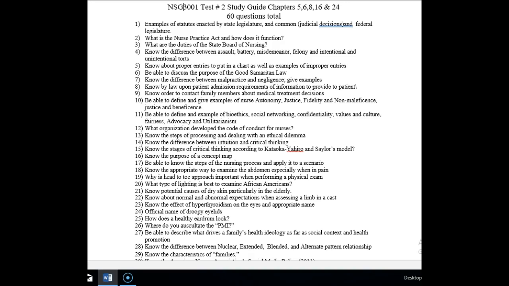Particularly remember when we were discussing incidents, or what they would call occurrence reports. Remember when we were discussing in lecture, I specifically said that you document in the patient's chart all things that happen, but you do it objectively.